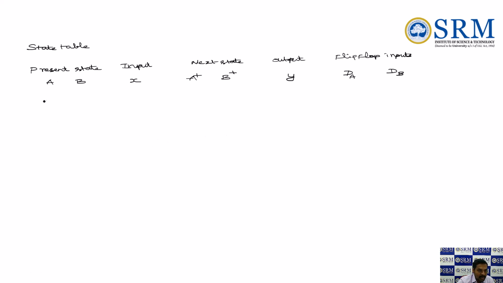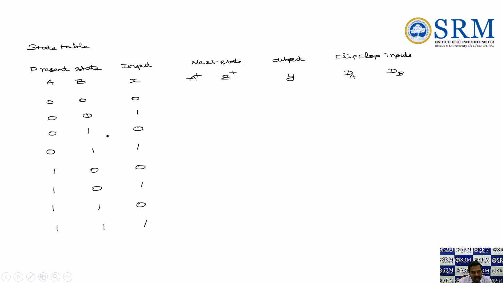Right. Now I'm writing the present state 00 and input 0, 001, sorry, 001, 010, 011, 100, 101, 110, 111.